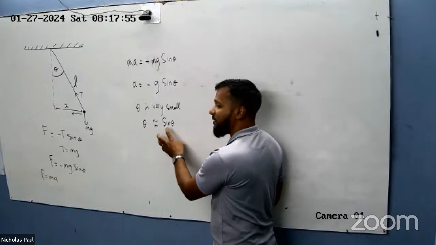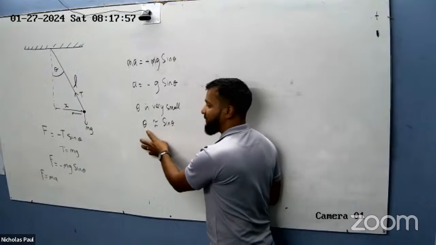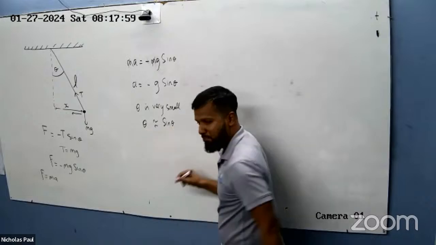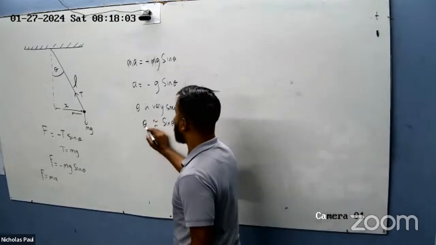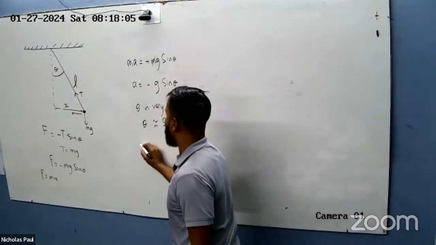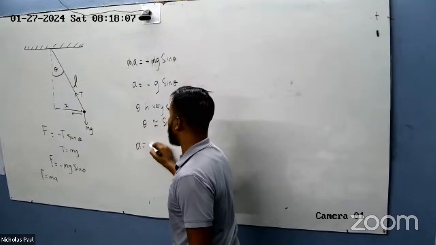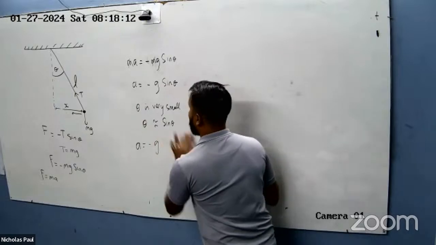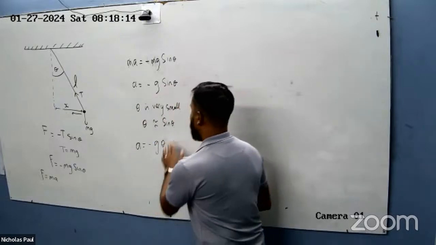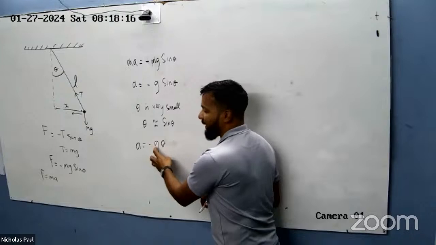So sine of a very, very small angle is that small angle. That's limits, right? So this formula now becomes a is equal to minus g theta.